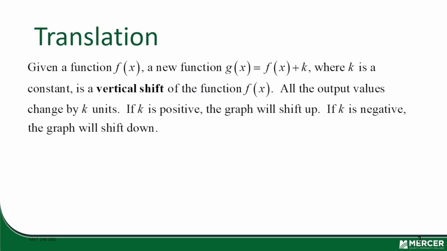Notice this is saying all of your output values are being changed by k units. If k is positive, it is an upward shift by k units. If k is negative, it is a downward shift by absolute value of k units.